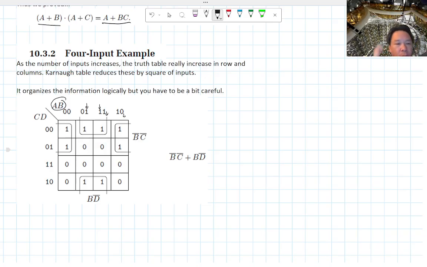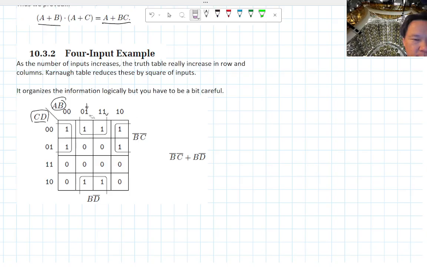You're only flipping 1 bit at a time, you don't flip 2 at a time. Since this is 4 input, you put C and D on the rows, and follow the same gray-coded convention. And you start to see some pattern here.